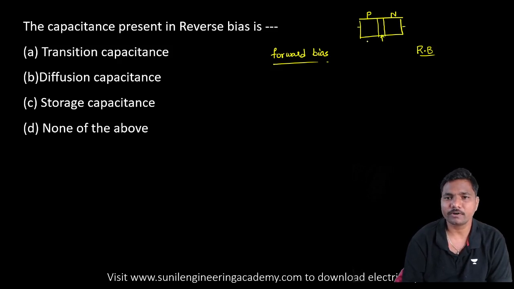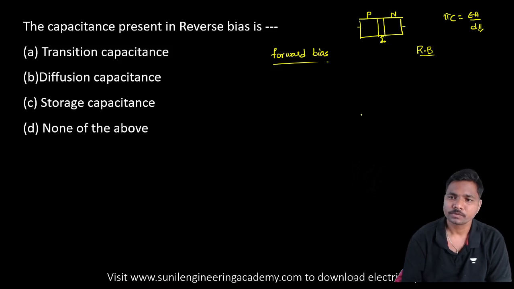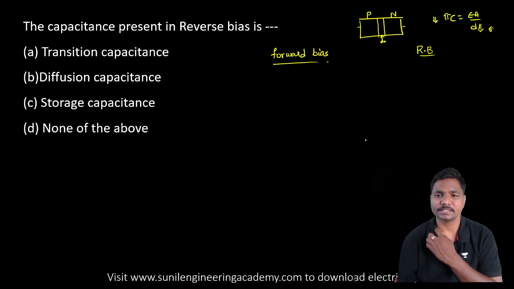Whenever you apply the forward bias, what is happening? The depletion layer width decreases. That means C is equal to epsilon A by D. The distance between the plates decreases, then capacitance will be more. And in the same way, whenever in the reverse bias, what is happening? Depletion layer size increases, so capacitance will decrease.